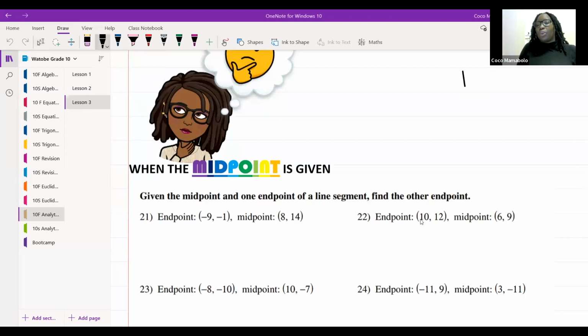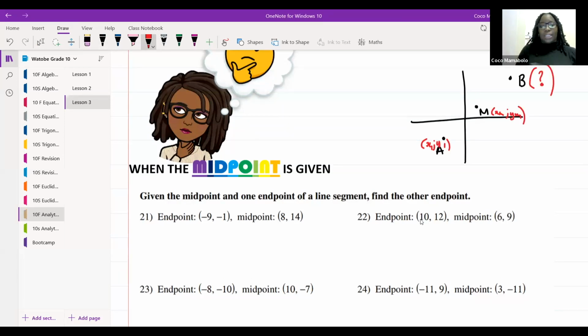So if I gave you a Cartesian plane and I said, I've got a point A and a point B and a midpoint M, and then I tell you that this is x1 and this is y1, and this is my midpoint, xm and ym. And I say, I don't know what this point is.